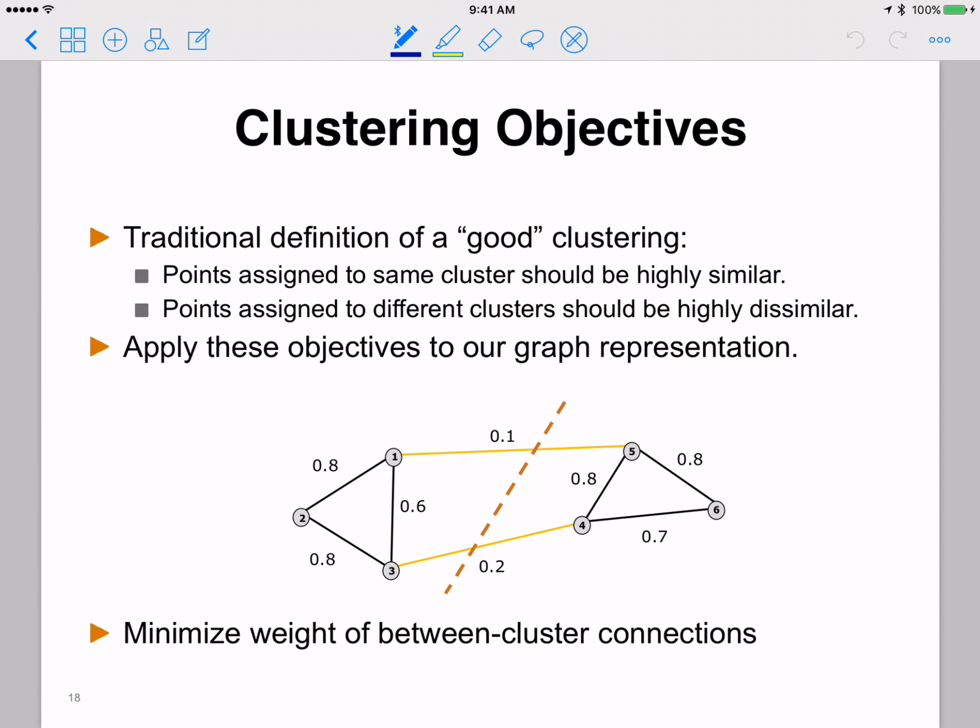Now, with this graph form of input, the objective of clustering in this graph can be viewed as cutting the entire graph into multiple pieces.